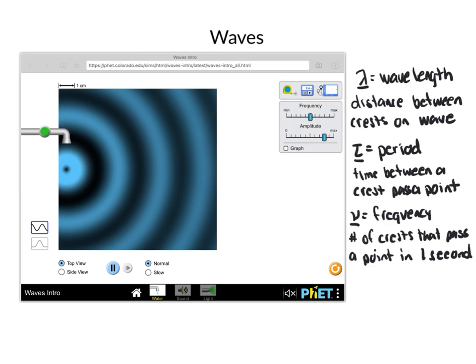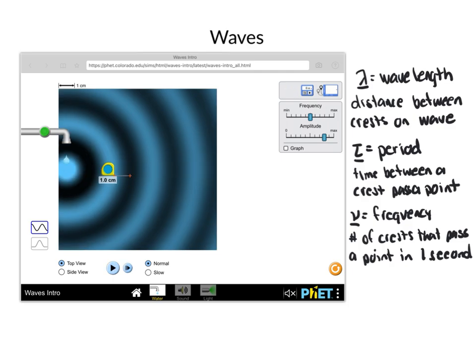We can measure the distance between crests. So let's pause this. If I put this little tape measure dot on the top of one crest and go to the top of the other crest, we can see that this wavelength is 2.3 centimeters. We could also measure the period.